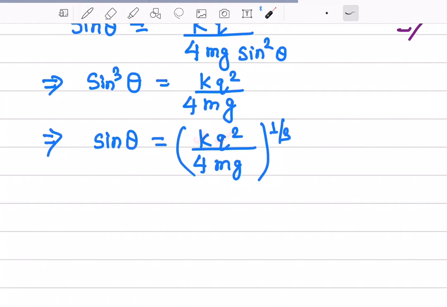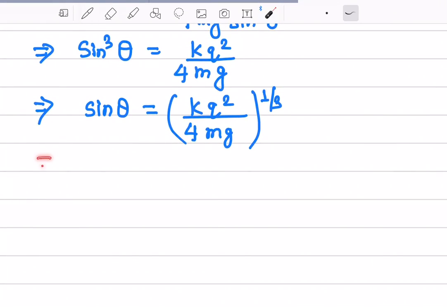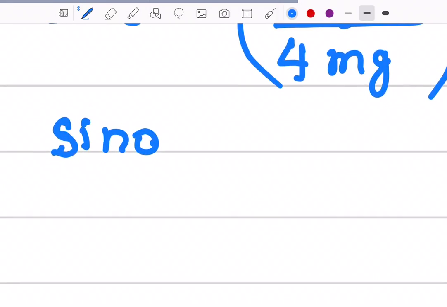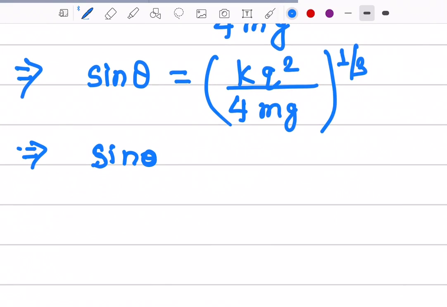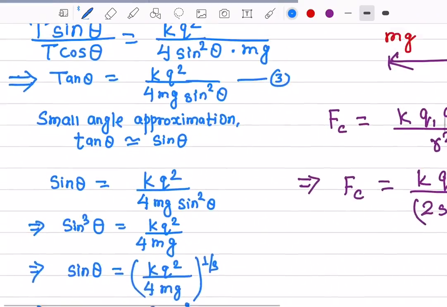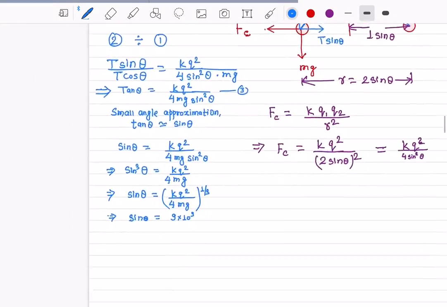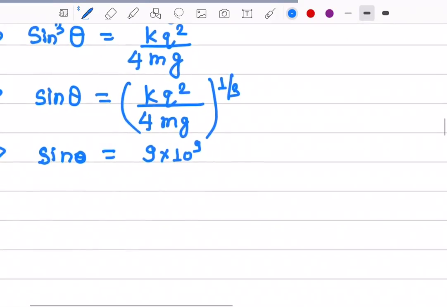Okay, and all the values are given here. We know K, a constant, which is 9 times 10 to the 9.